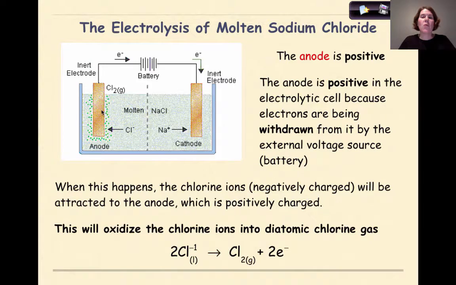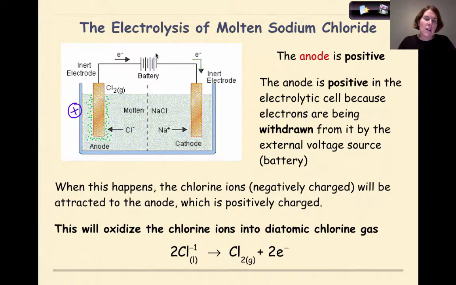On the flip side, we have the anode, and the anode is located over here. In an electrolytic cell, the anode is labeled with a positive charge. So we're going to put a positive over here. The anode is positive in the electrolytic cell because electrons are being withdrawn from it by an external voltage source or battery.